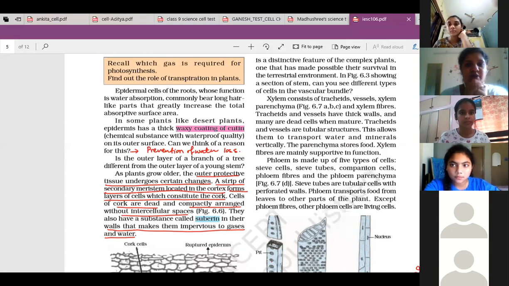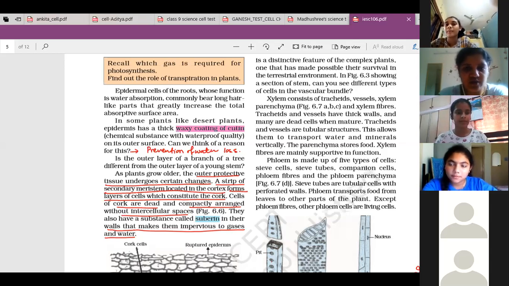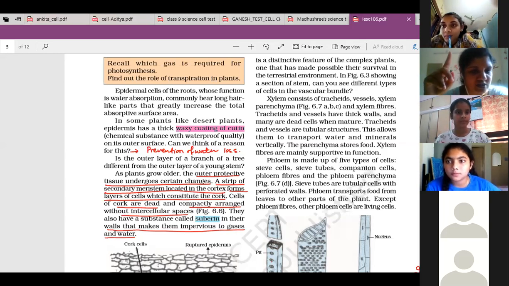Then what is the function of phloem? Transportation of food from leaves to all parts of the plant. Yes, right. That is the main function. Second point, xylem. In the xylem, the substance moves only in one direction, from roots to leaves.